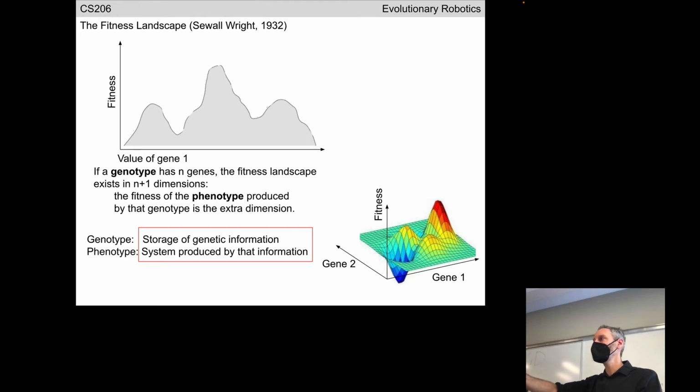So far, so good? Okay. That produces, obviously, the two-dimensional landscape that you see here, which exists in three-dimensional space. And as always, hills and mountains represent good pairs of values, and valleys represent poor pairs of values.